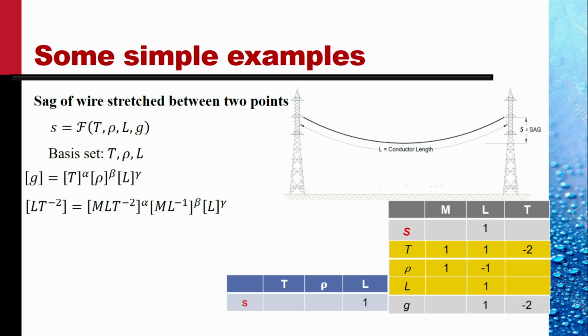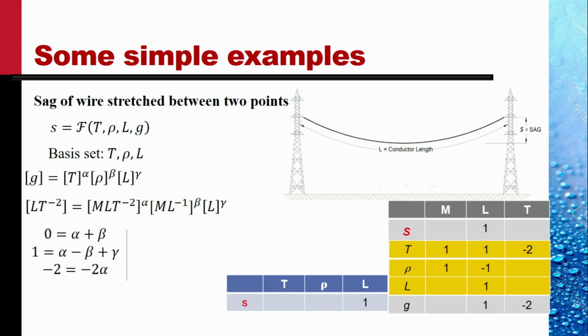Rho has a dimension M L^-1, raised to power beta, and the length of the wire raised to power gamma. From this, equating the dimensions of mass on left and right side, mass is 0 on the left, and has a dimension alpha in the first term and beta in the second term. So 0 is equal to alpha plus beta.